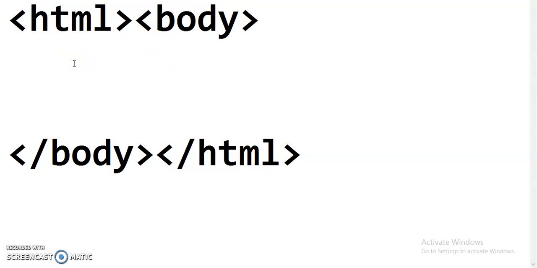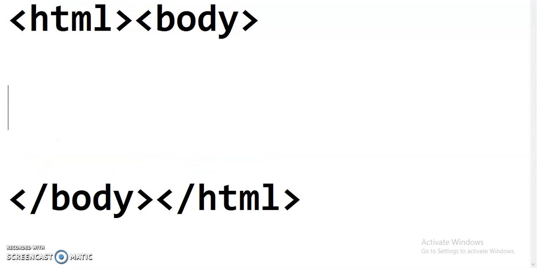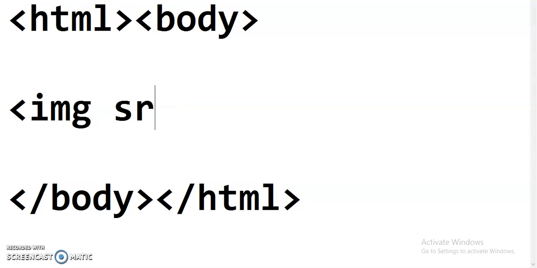Body tag is open and it's closed. Now here, in order to add an image, you'll open this bracket and type IMG space SRC.